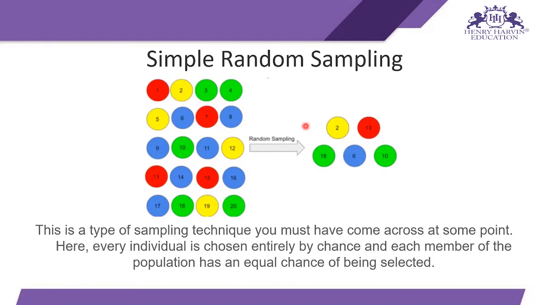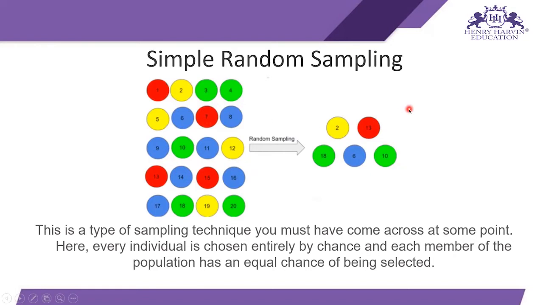You collect all the names of your students on different paper chits, and you just take two or three paper chits and select those students. In the whole data set you just take five samples randomly. So this is simple random sampling.